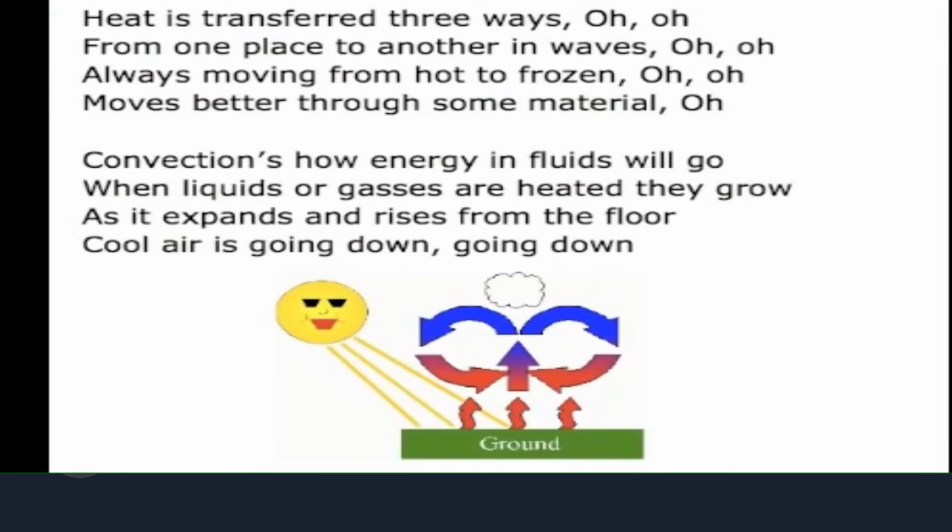Heat is transferred three ways, from one place to another in waves, always moving from hot to cold, moving better through some materials. Convection's how energy in fluids will go.